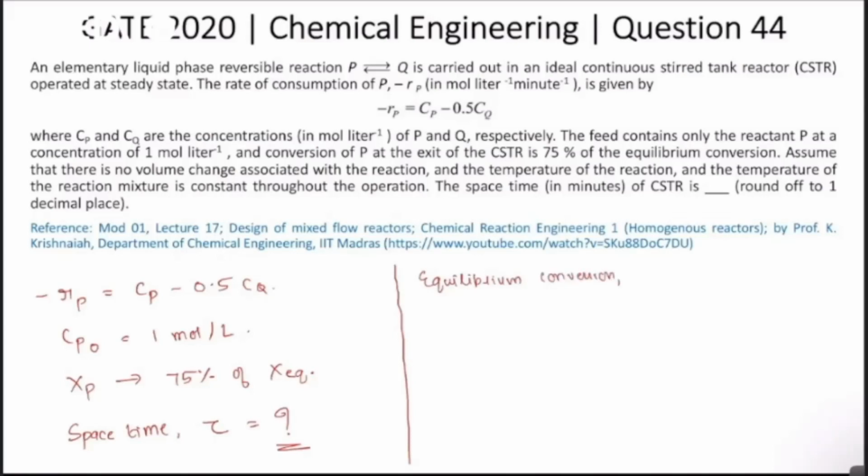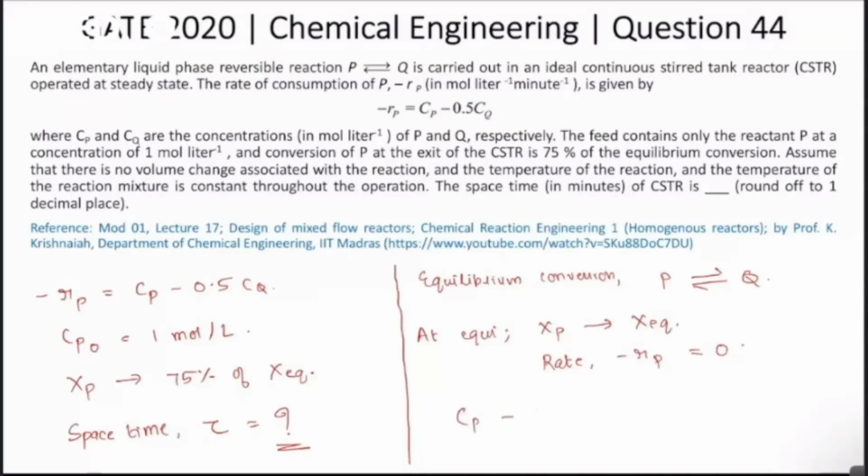So using this, let us see what happens at equilibrium. To find the equilibrium conversion for this reaction P reversibly giving Q, at equilibrium we need to know that the conversion Xp will be X equilibrium, and also the rate of the reaction, minus Rp, is equal to 0 at equilibrium.